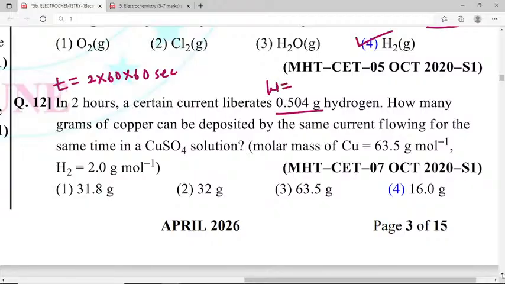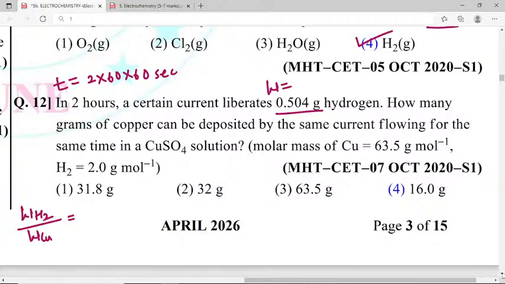How many grams of copper will be deposited by the same current flowing for the same time in copper sulfate? The molar mass of copper is given. So how to calculate? It is calculated using the same current for 2 hours. The weight of hydrogen deposited divided by the weight of copper deposited is equal to the mole ratio.